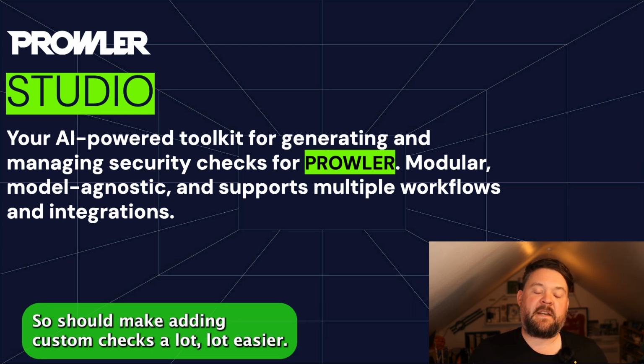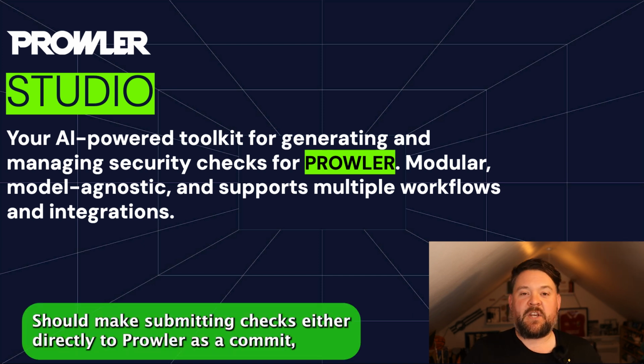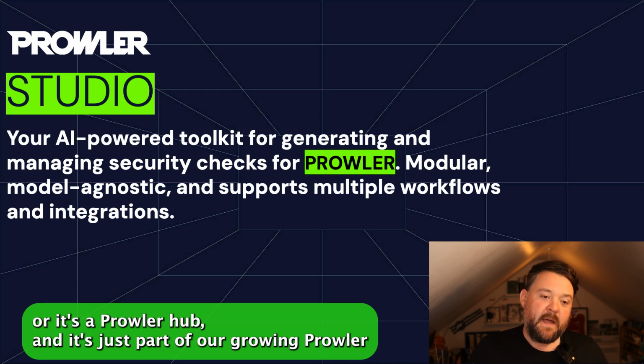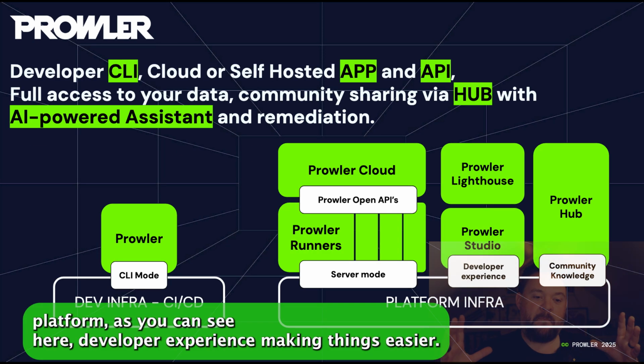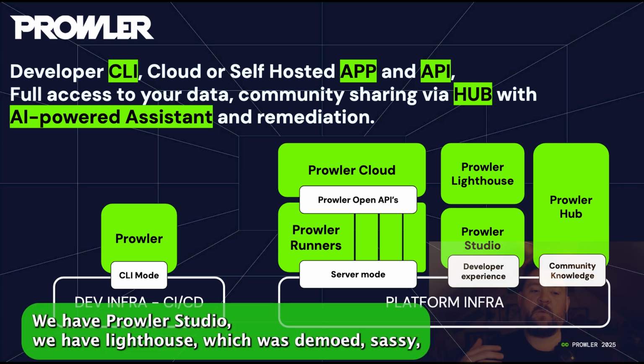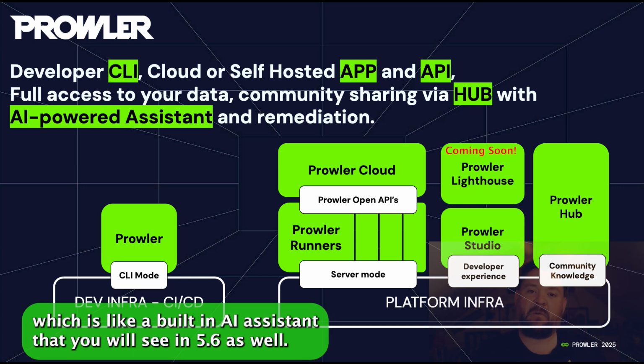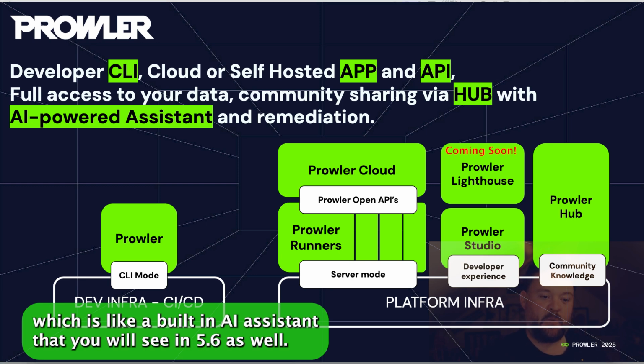So should make adding custom checks a lot easier, should make submitting checks either directly to Prowler as a commit or to Prowler Hub, and it's just part of our growing Prowler platform. As you can see here, developer experience, making things easier. We have Prowler Studio, we have Lighthouse, which was demoed at RSAC, which is like a built-in AI assistant that you will see in 5.6 as well.